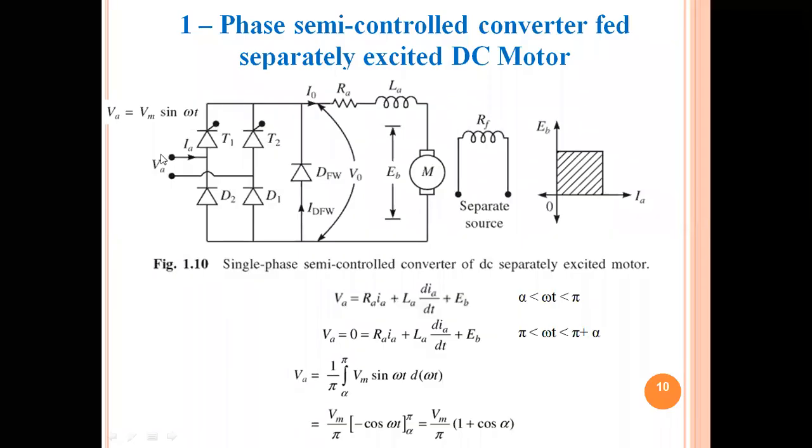Hence, the current will flow from the phase terminal to the thyristor T1, to the motor RA, LA and the motor, to diode D1, to the neutral point. So this is how the current direction will be. Again, I'm representing the current direction.